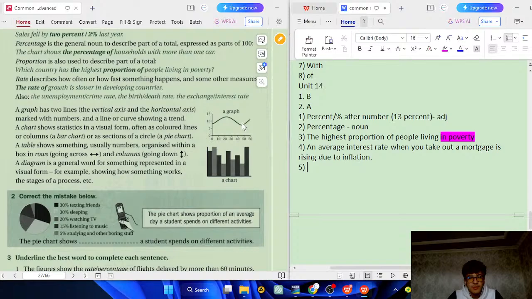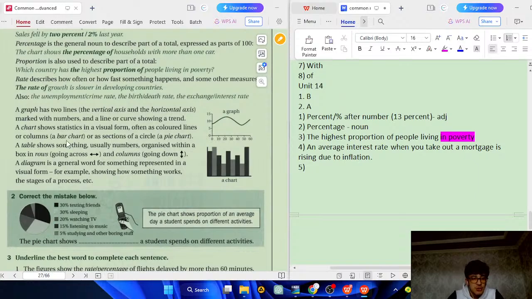A chart shows statistics in a visual form, often as colored lines or columns, a bar chart, or sections of a circle, pie chart.